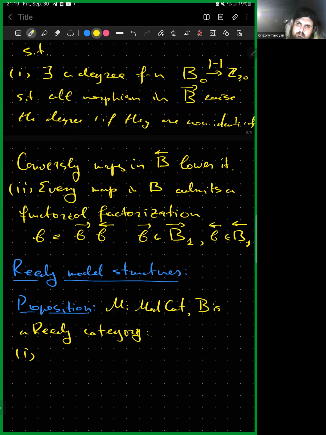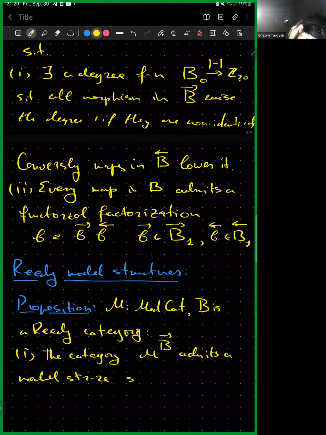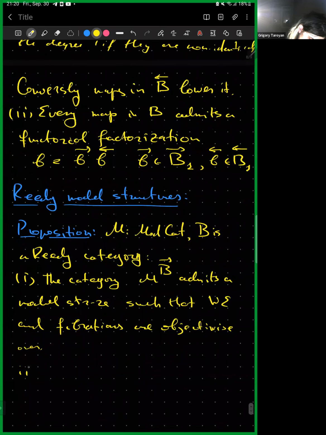Then the category of diagrams from the increasing subcategory admits a model structure such that weak equivalences and fibrations are objectwise ones.